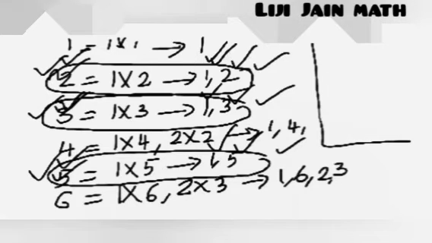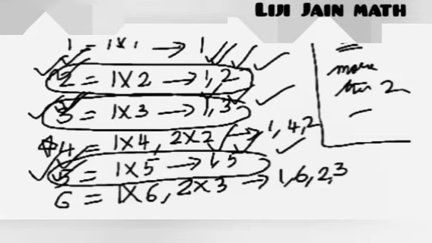What about the case of 4? Let's discuss the case of 4. 4 has how many factors? 1, 4 and 2. 3 factors. That means more than 2 factors, isn't it?